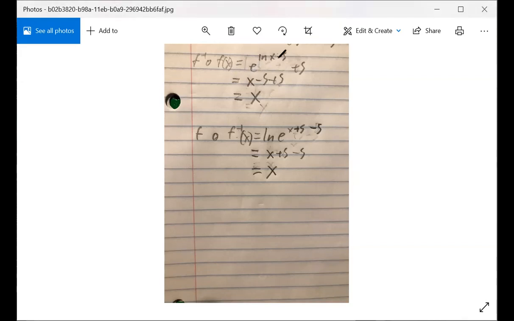So f of x, that's ln, and that's good. f is ln, right? So e to the power x, all of that. Yeah, what do you think?